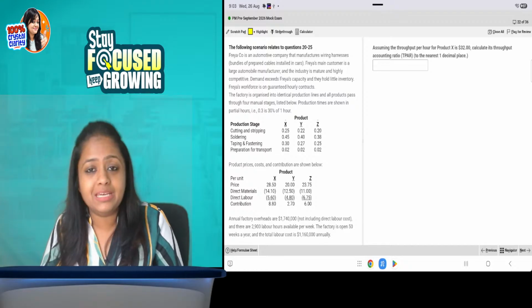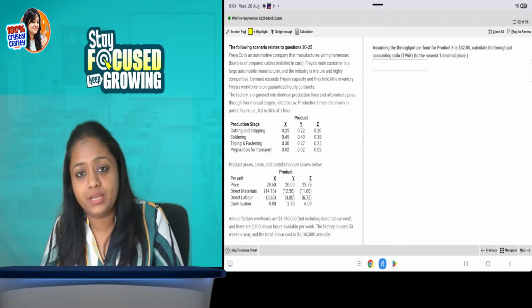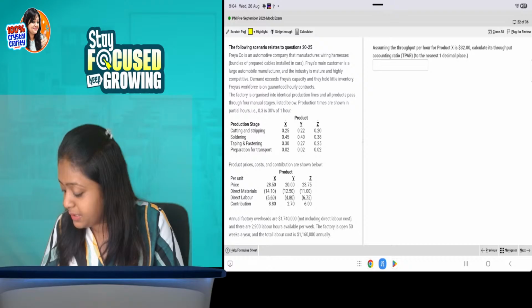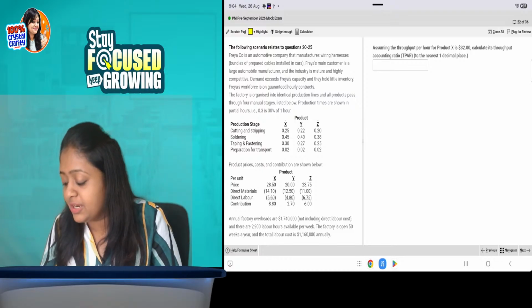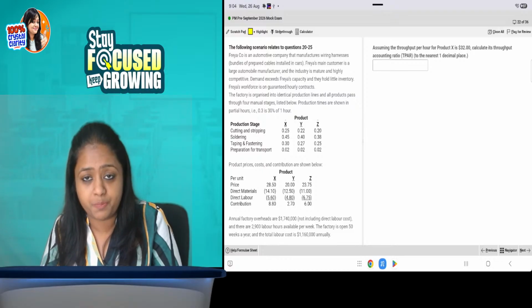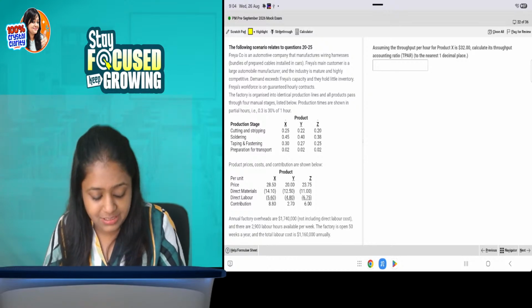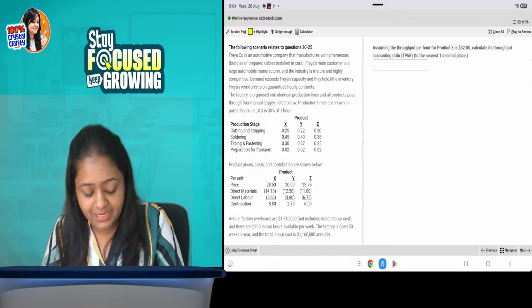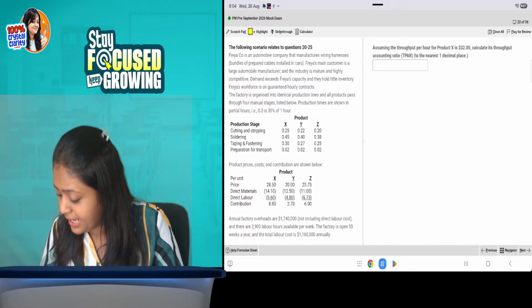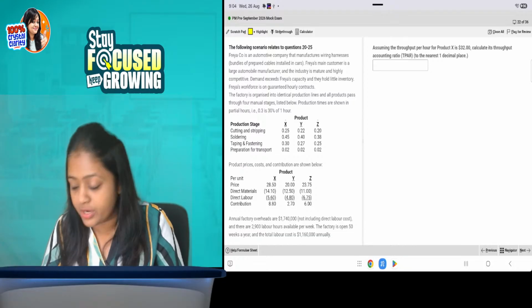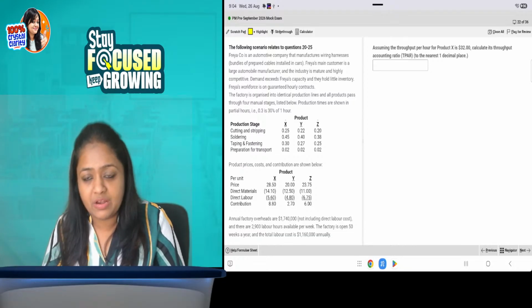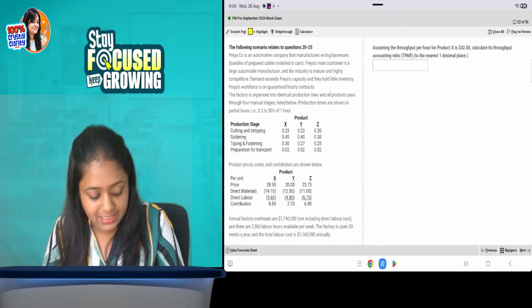that gives me 2,900,000 divided by total labor hours. Total labor hours will be 2900 multiplied by 50, because this is just weekly and we need annually, which is 145,000. So let's divide it: 2,900,000 divided by 145,000, I get 20.